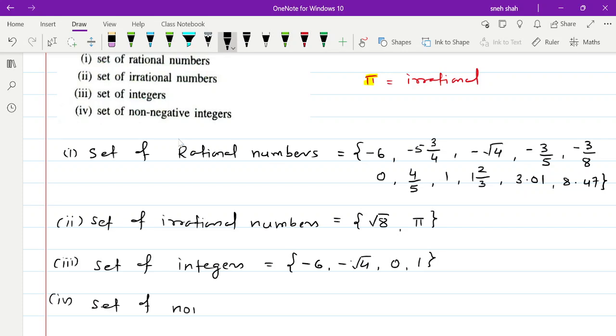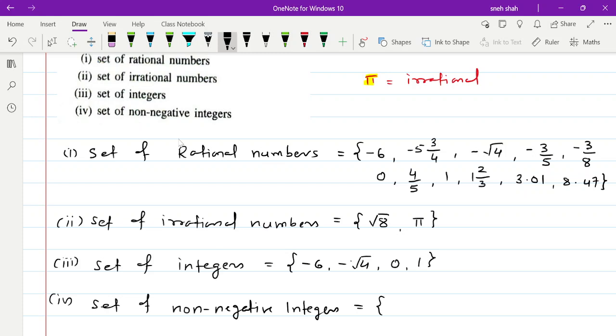The set of non-negative integers. So, in this set, we have to include all the integers which are non-negative.